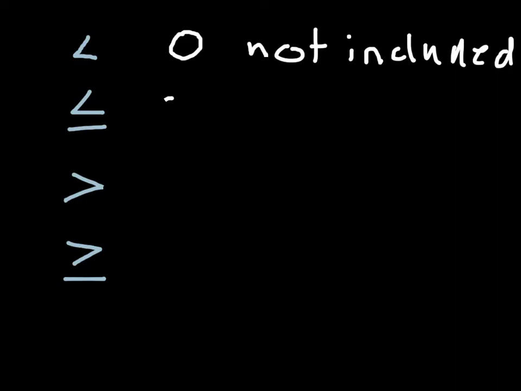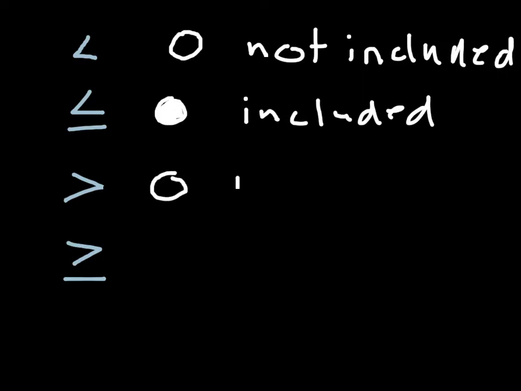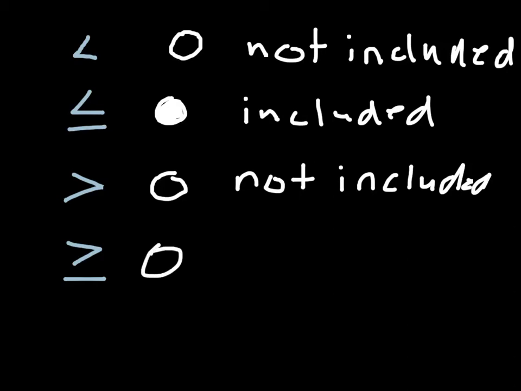Now, the less than or equal to uses what's called a filled in circle, which means that the number it's above is included. The greater than uses an open circle, and remember what the open circle means: not included. The greater than or equal to uses a filled in circle, meaning included.